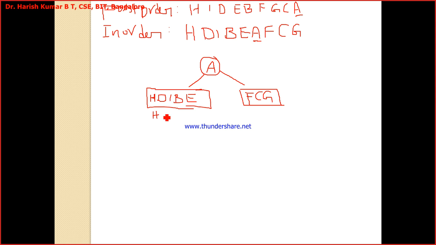H I D E B. Okay, people understood what I am doing? So I found that these are the nodes that will be coming towards the left subtree of A. Now same thing I have written, only thing is I have sequenced them appropriately such that it matches the sequence in my post order traversal. Is it clear?